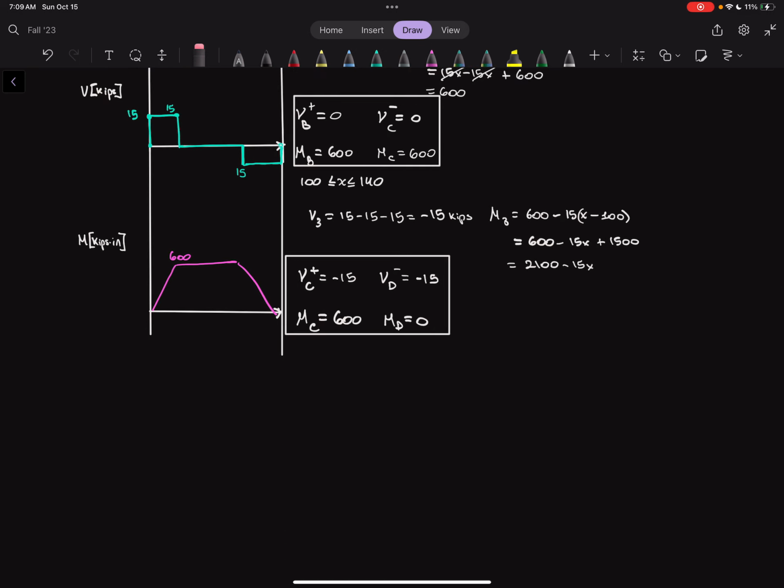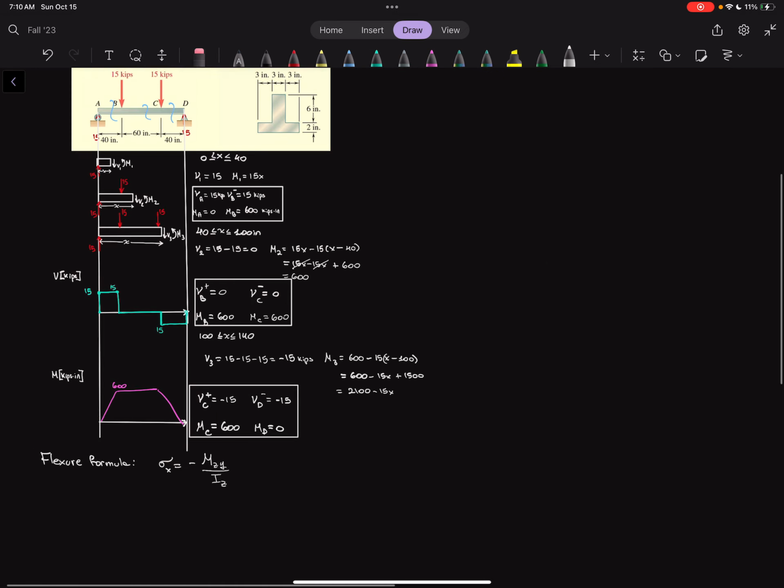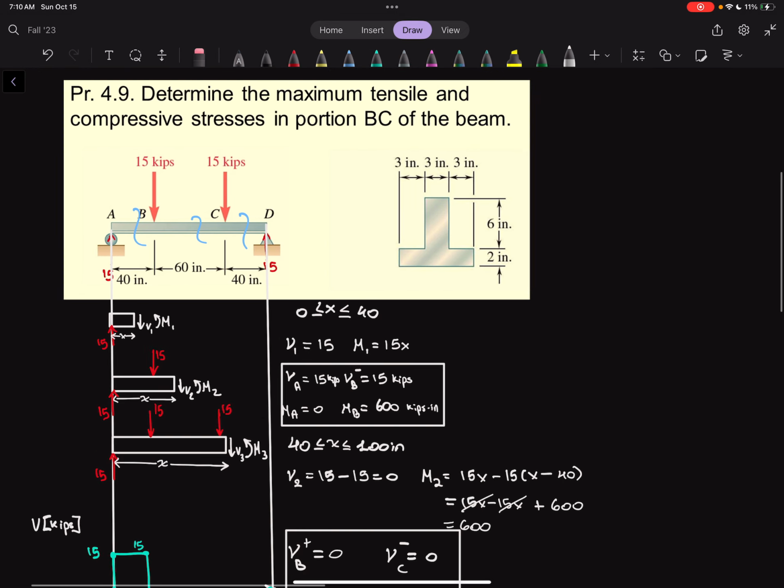And then, since you know your flexure formula is sigma x is equal to minus Mz y over Iz, we know we have to find the moment of inertia about the z-axis.